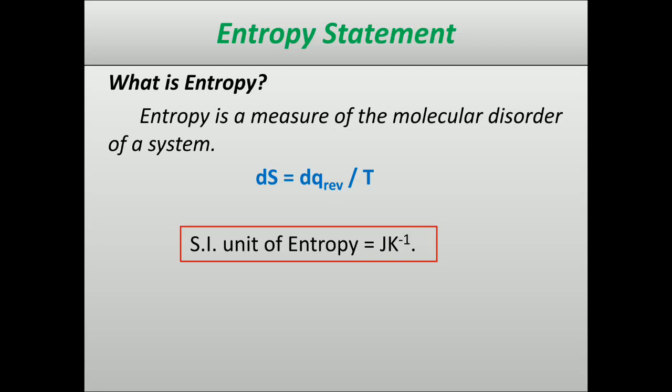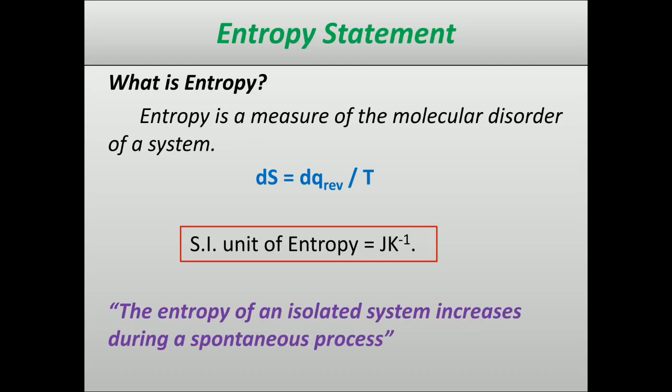Now, the second law of thermodynamics can be expressed in terms of entropy, that is, the entropy of an isolated system increases during a spontaneous process. Otherwise, the statement is also known as: a process accompanied by an increase in entropy tends to be spontaneous.